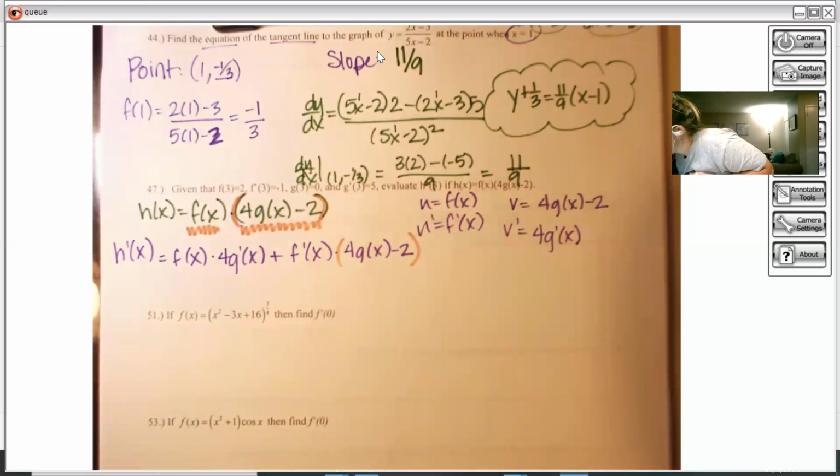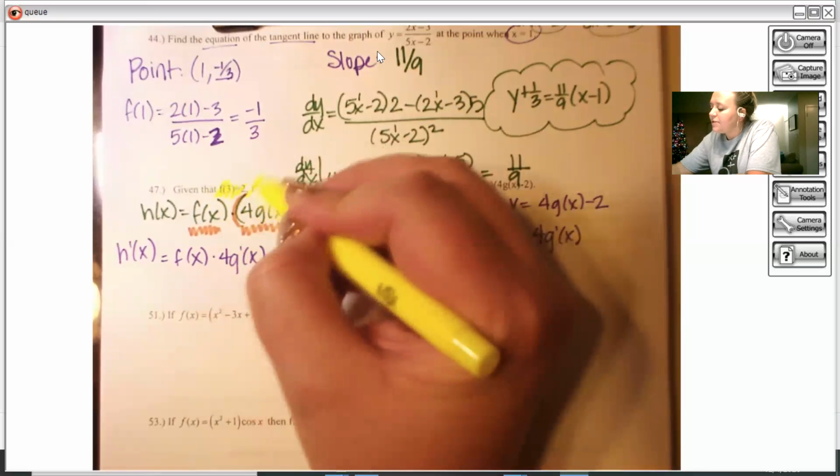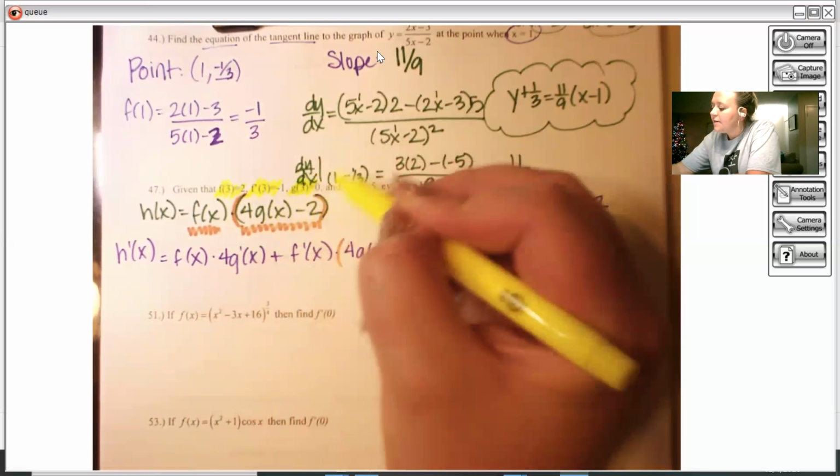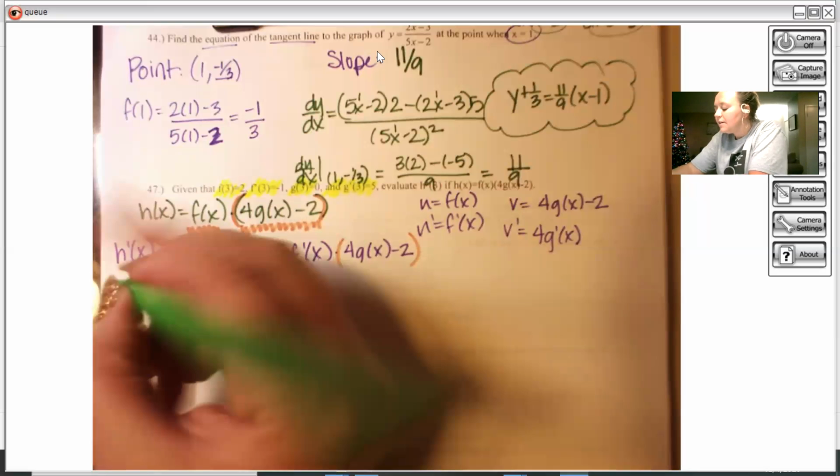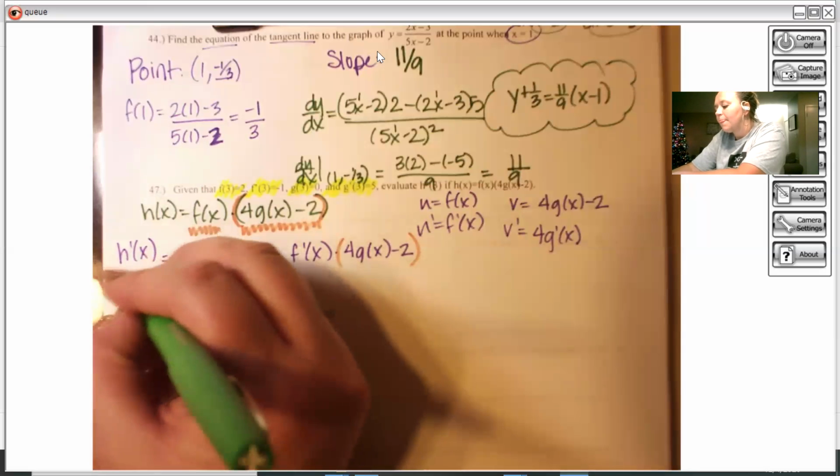So from there, we're wanting h prime of 3. And then we have all these different little values here that they gave us for us to plug in for 3. So I'm ready for h prime of 3.